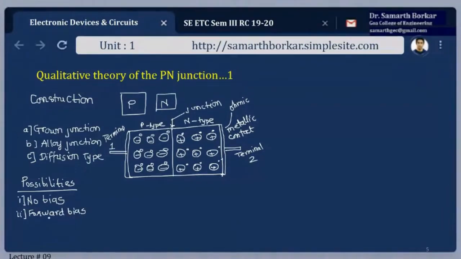The second case is forward bias. Forward bias is the one wherein the p-type end is connected to the positive polarity and the n-type end is connected to the negative polarity. If I take a wire and connect it to the positive terminal of this battery source, the negative terminal is connected to the negative terminal of the battery.